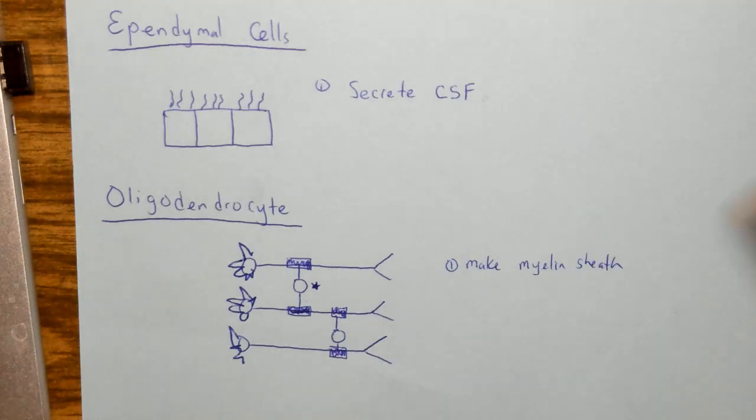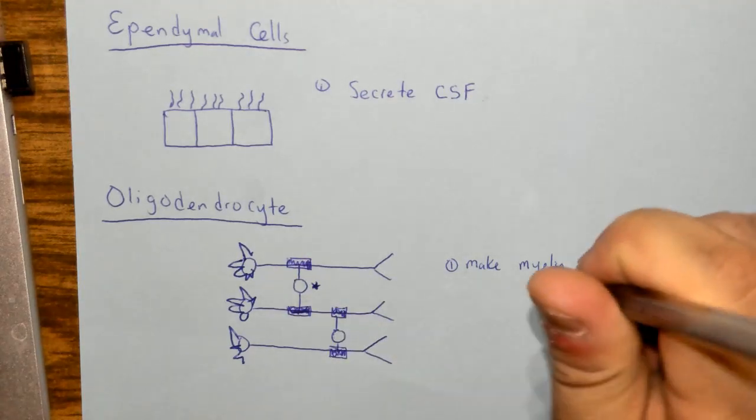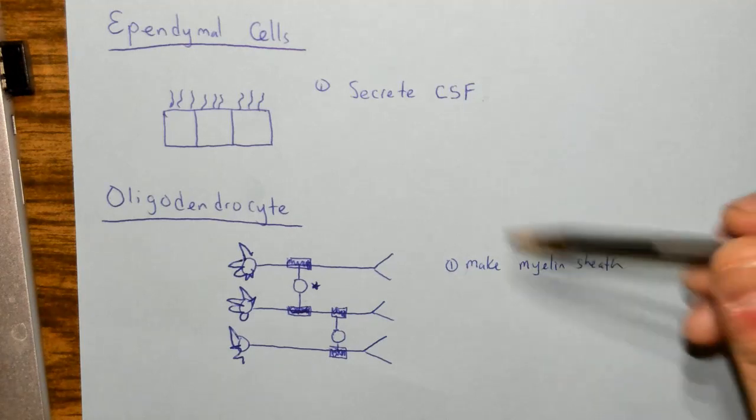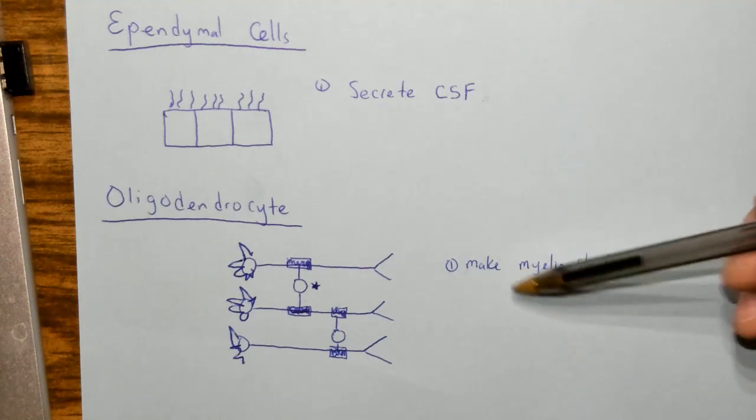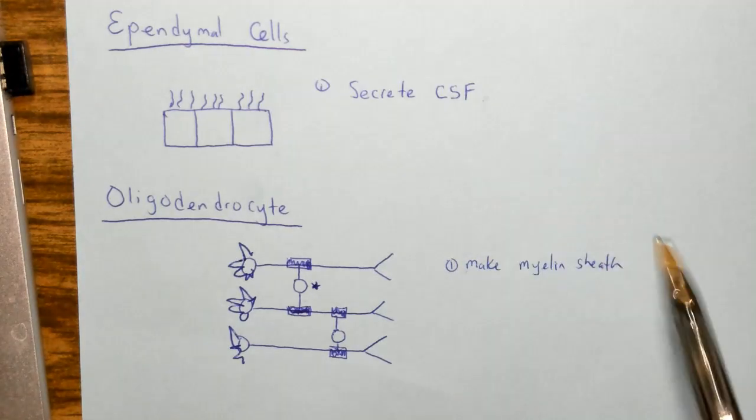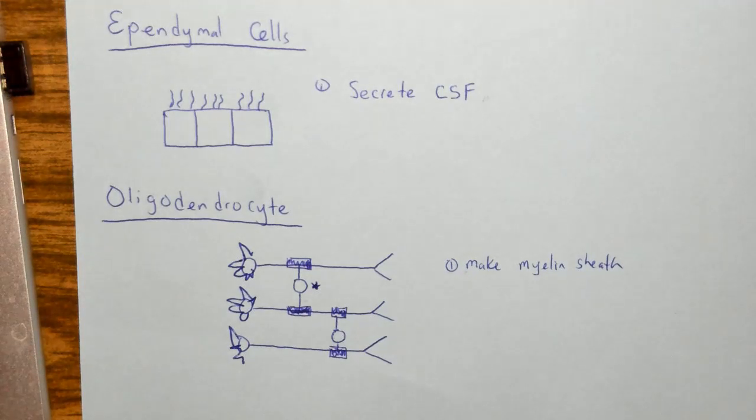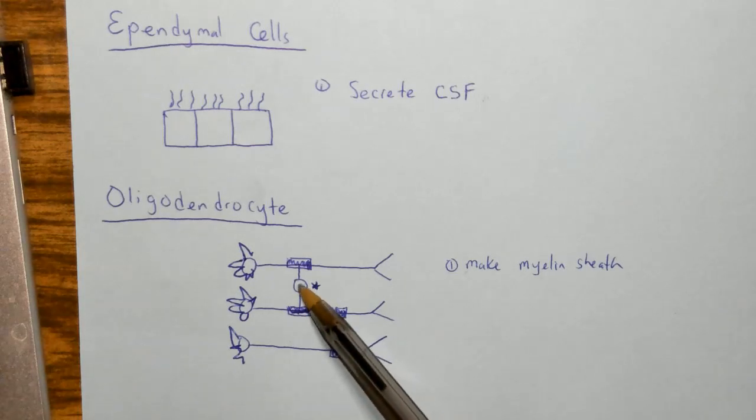So the oligodendrocyte is making myelin sheath. This is the oligodendrocyte, that cell right there, and you can see it making myelin sheath on both sides.